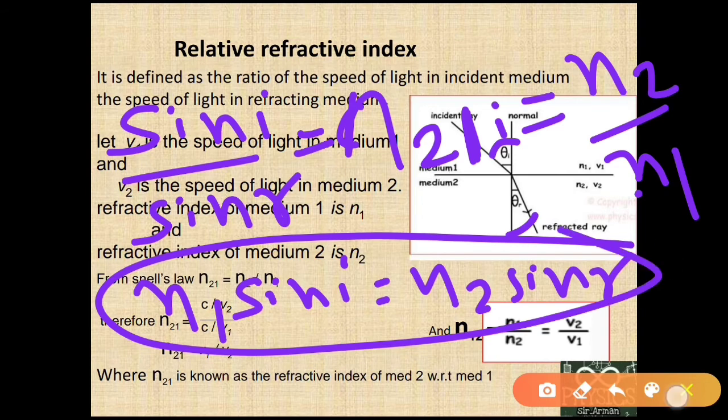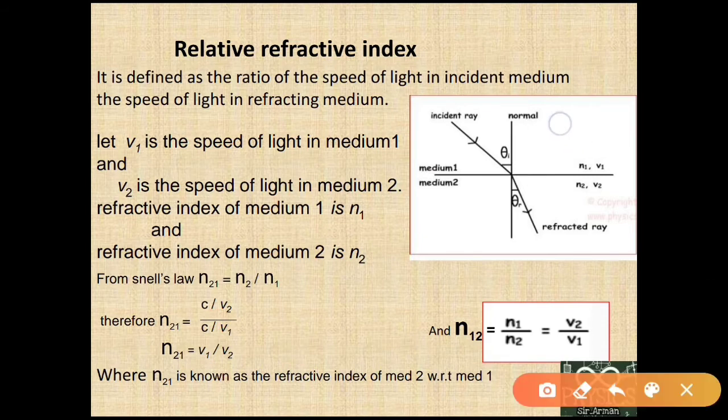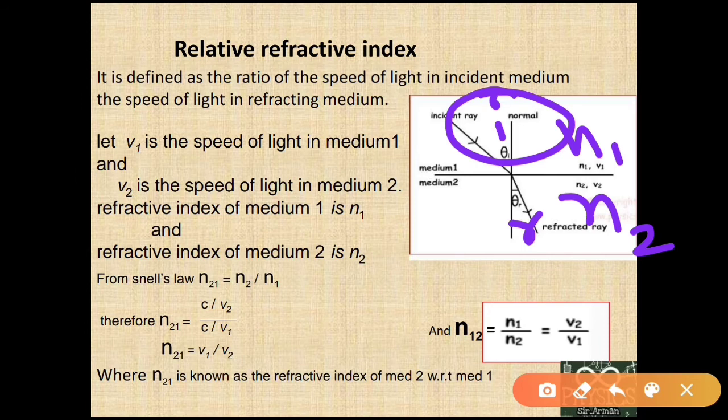Okay, and to remember it easily, just do one thing. If you name this eta 1, then name this I. If you name the medium which is below as eta 2, then name this R, right? Because here the ray is refracting and here the ray is going to be incident.